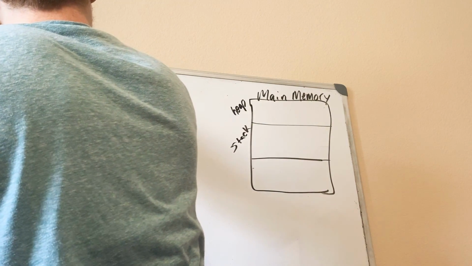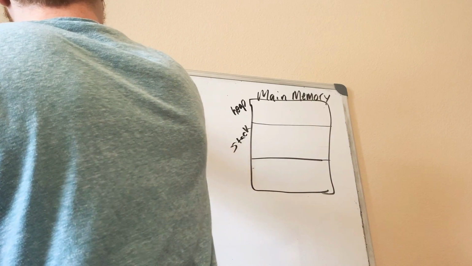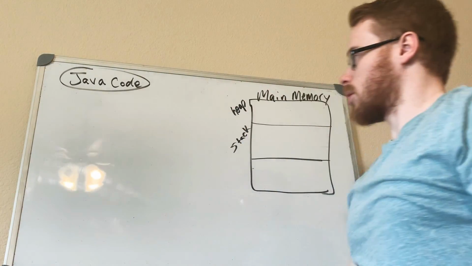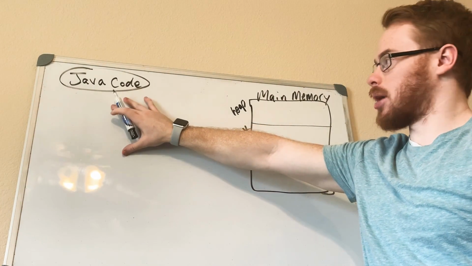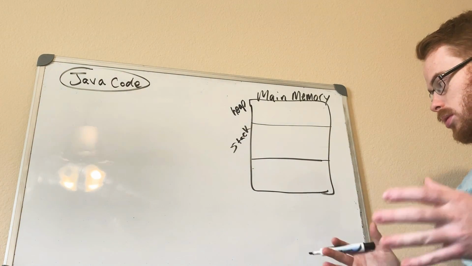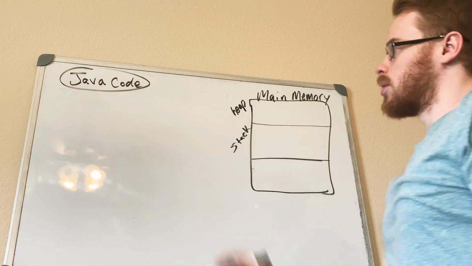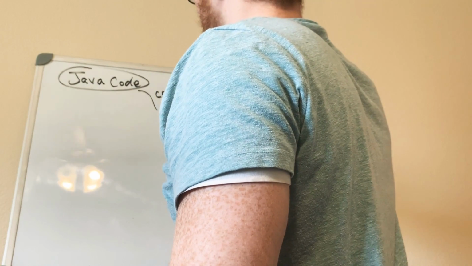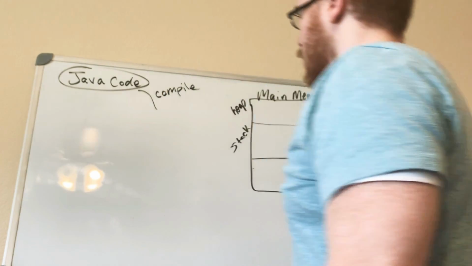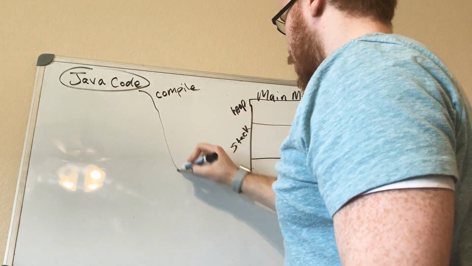Okay, so let's say you have your Java code up here. This is your high-level instructions that you're typing into your editor. Let's break this down and see what happens. When you compile this, it's going to be turned into machine code.